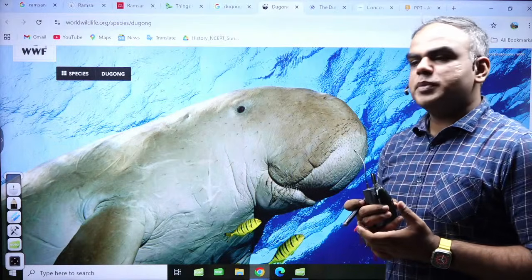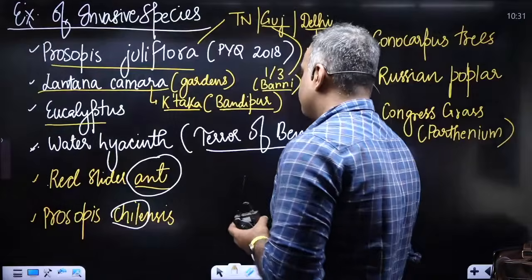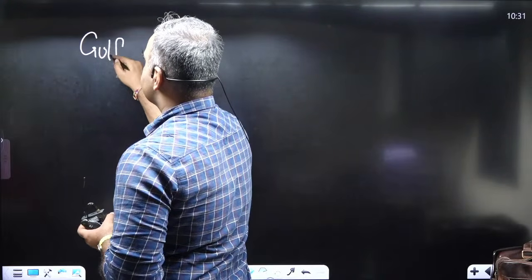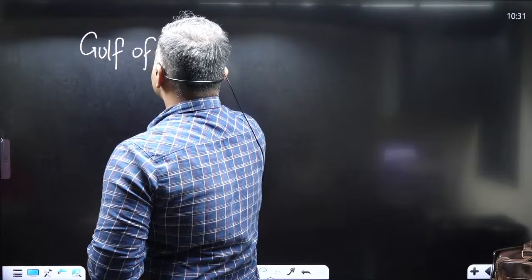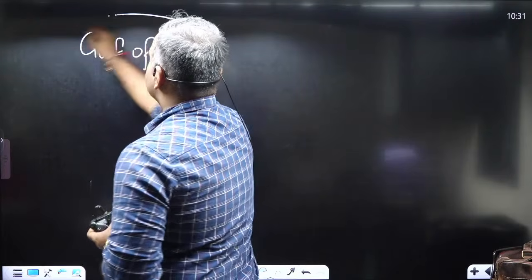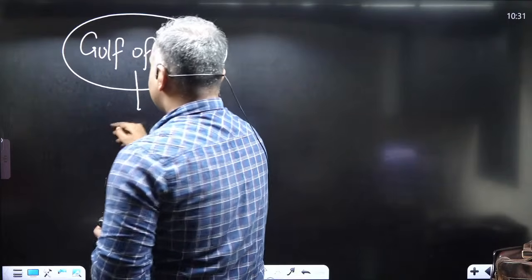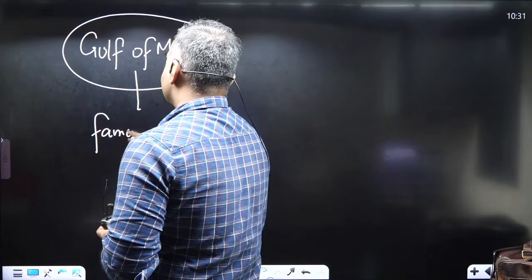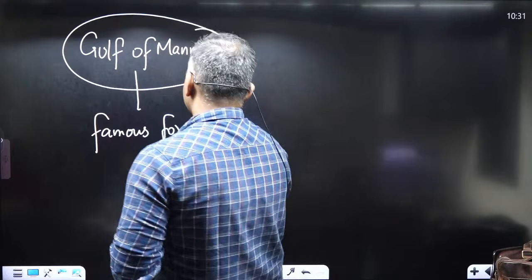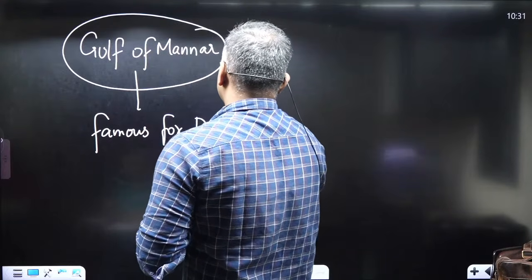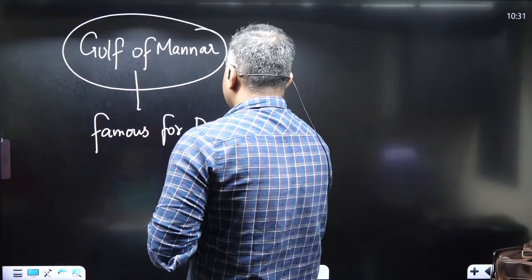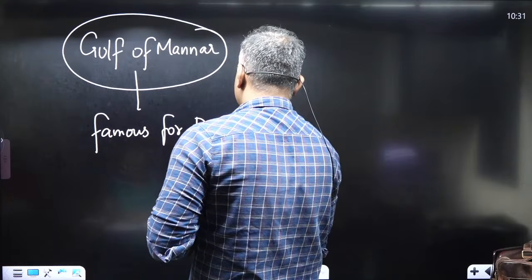No, no, look, Prosopis chilensis. Look, you have Gulf of Mannar. Gulf of Mannar is the location. Fine, number one: Gulf of Mannar is famous for dugong. Dugong are sea cows.